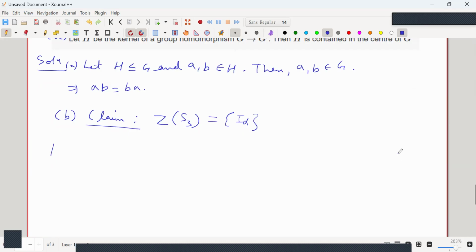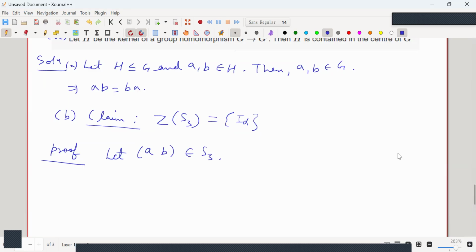So for the proof, let us take some two cycle. So let (A, B), or just this (A, B) notation is not very common, so I will write just AB belongs to S3.